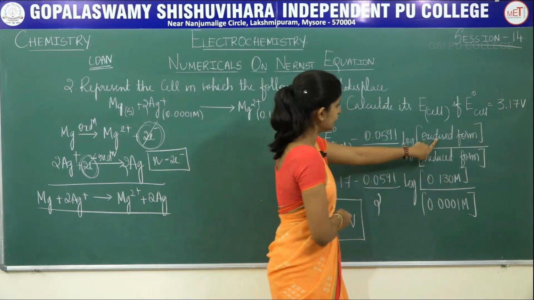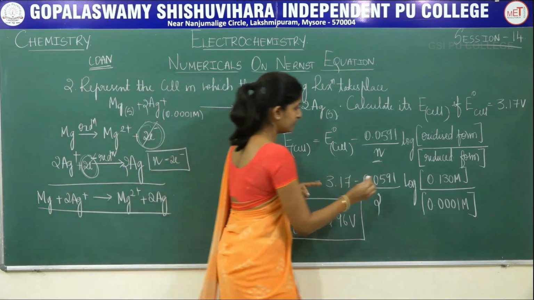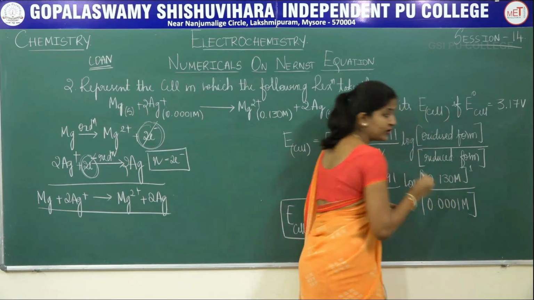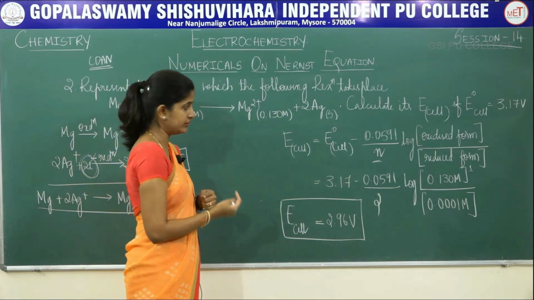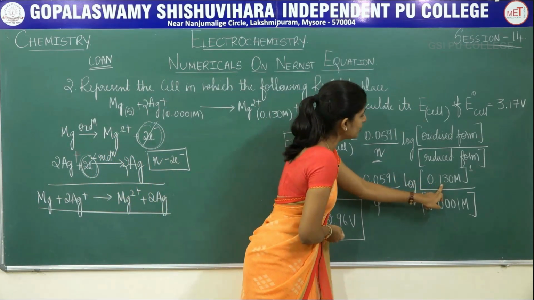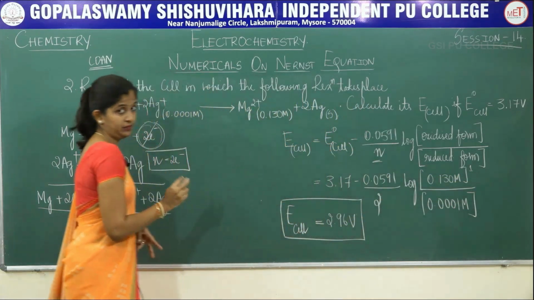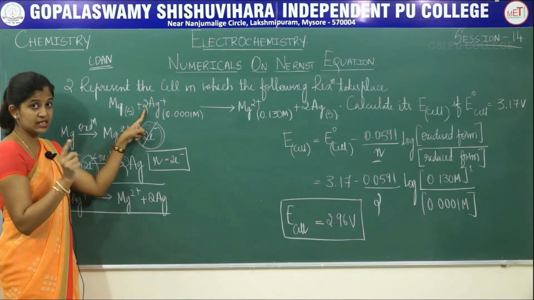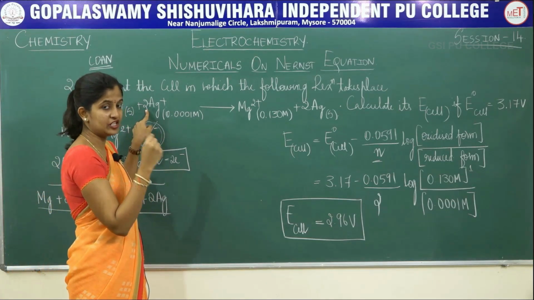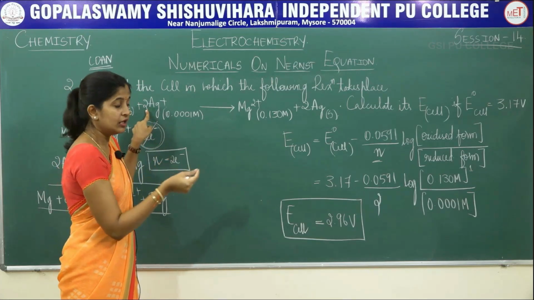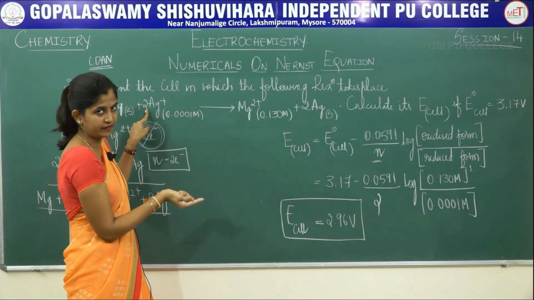The oxidized form is magnesium, its stoichiometric coefficient is 1, so no problem. I have told you in your Nernst equation, the molar concentration should be raised to its stoichiometric coefficient. So 0.130 molar raised to the power of 1 is the same. But silver, observe, if the stoichiometric coefficient is more than 1, the molar concentration of that species should be raised to its stoichiometric coefficient.